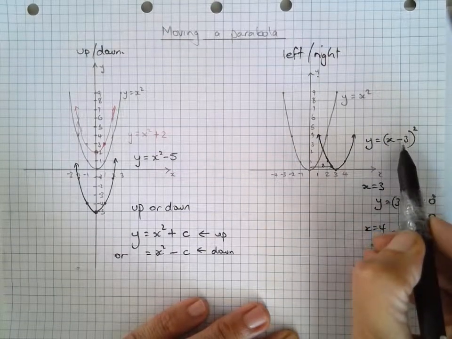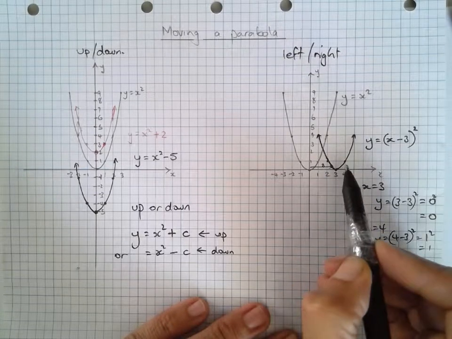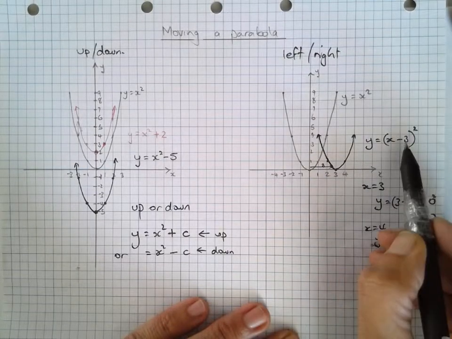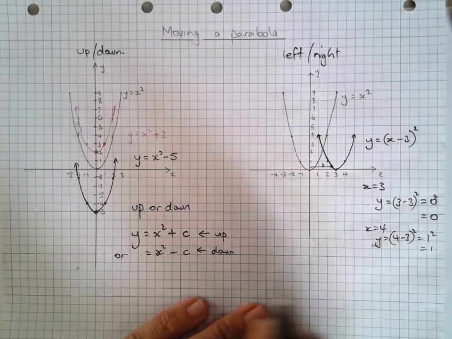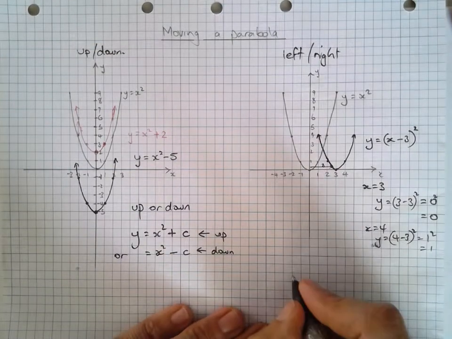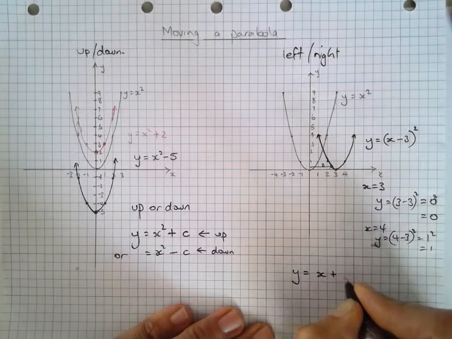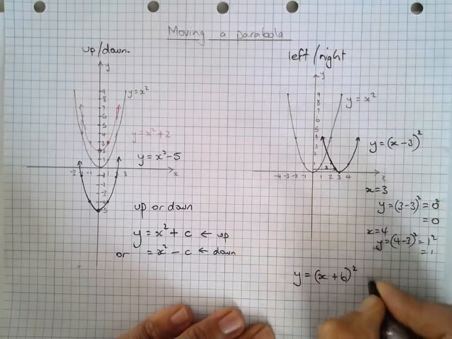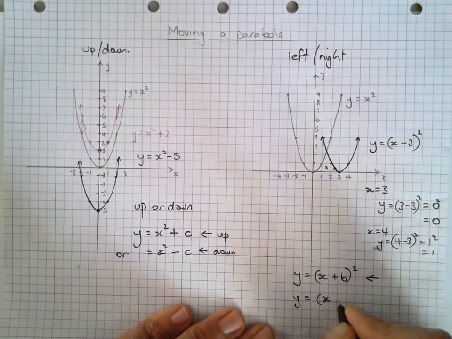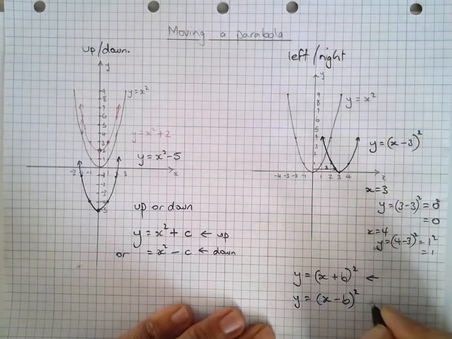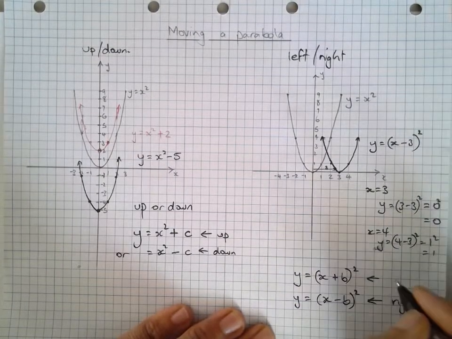So this seems a little counterintuitive, but subtracting here is going to move me to the right. Think about what's happening to that vertex. So I can have y equals x plus b squared, or y equals x minus b all squared. That second one's going right. The first one goes left.